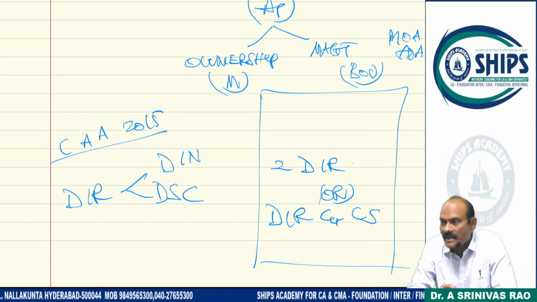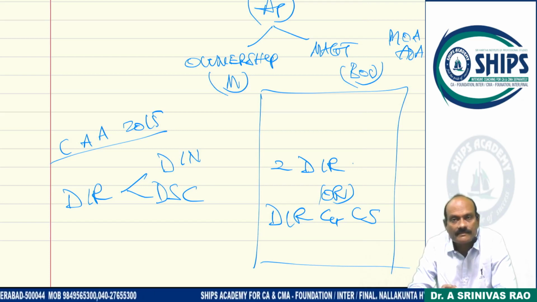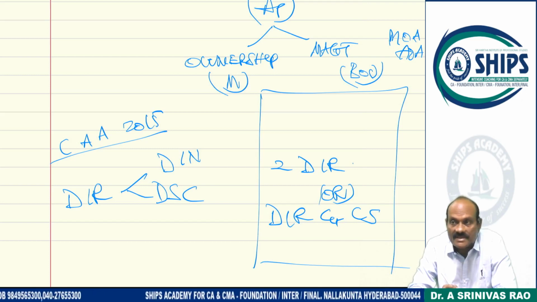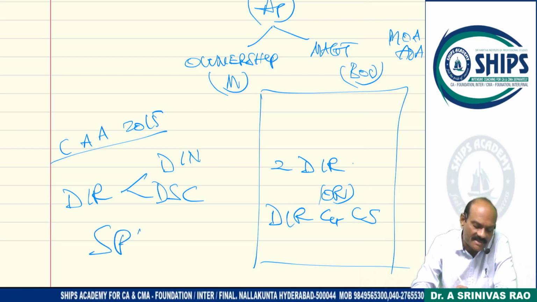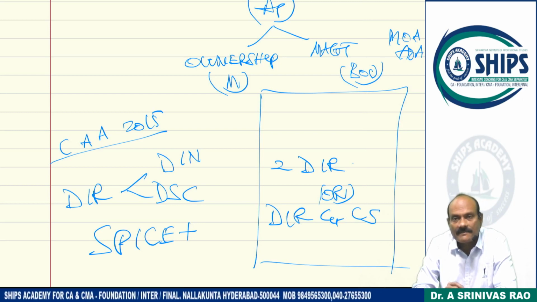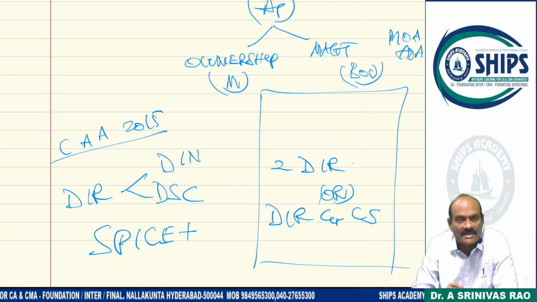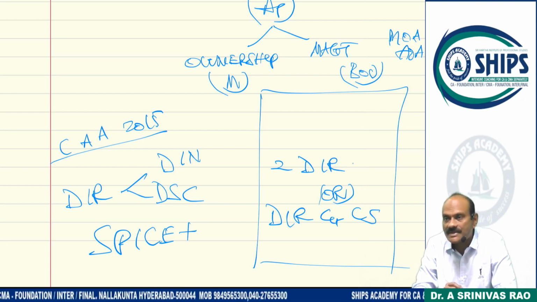If you want to become a director, these two are mandatory. Otherwise, you can't be appointed. You can apply through SPICe Plus. In the case of DIN also, by default, DIN will be given according to form INC-32.